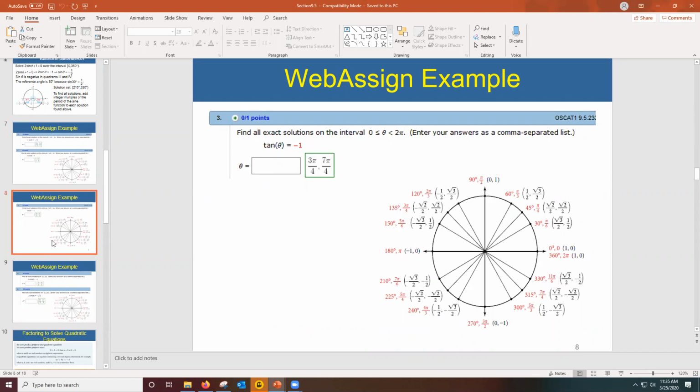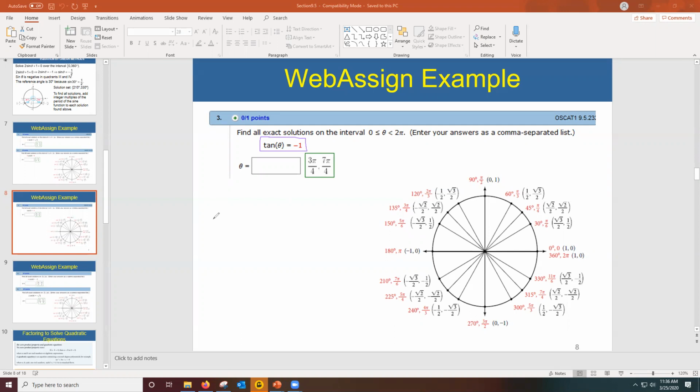All right, here's one that's a little trickier because it involves the tangent function. So it says tangent of theta equals -1. So I need to find angles where the tangent is equal to -1.